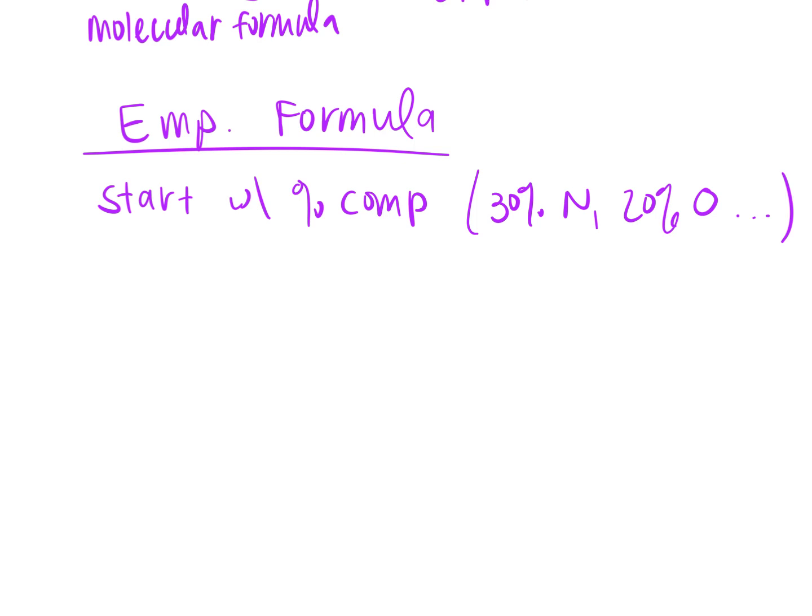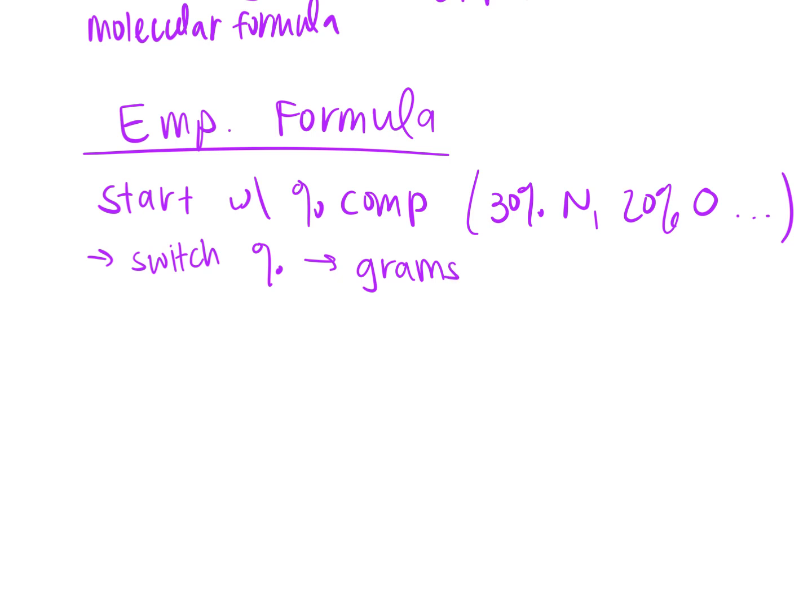It's going to give us this starting amount. For us to be able to work with those percentages, we're just going to switch the percentage to grams. I'm not going to say convert because we're really not going to convert. We're just going to make a switch.